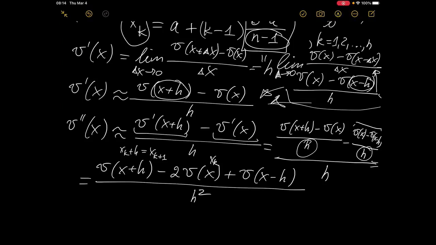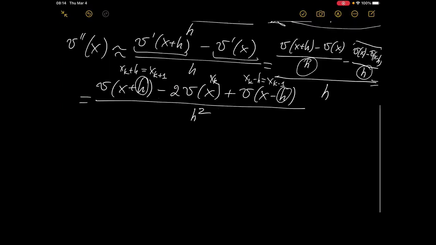And here xk minus h equals xk minus 1, right? Because of the homogeneous step. Okay, so as a result, I can write it as vk, approximately vk.